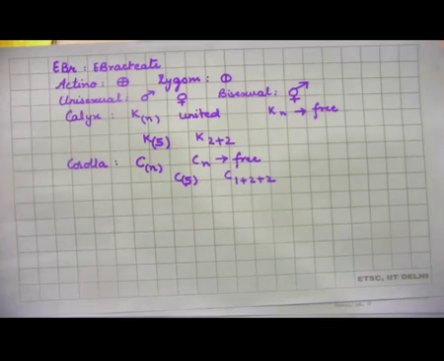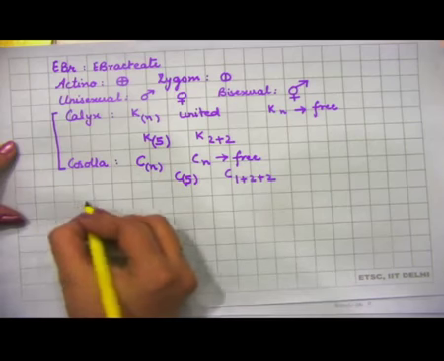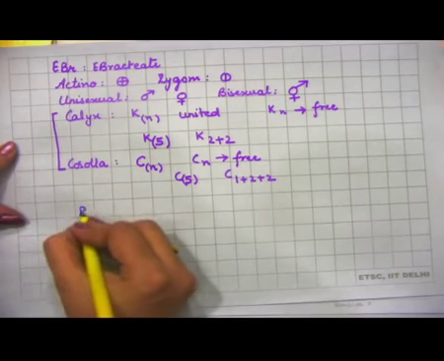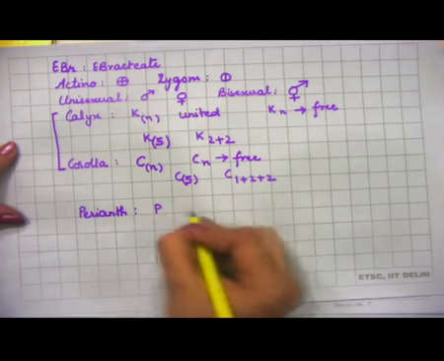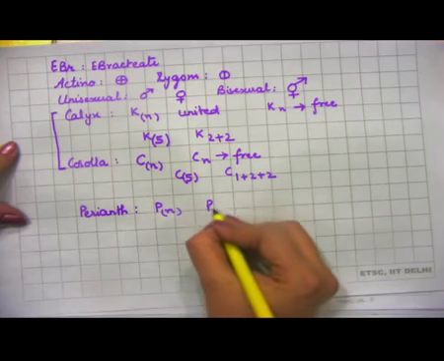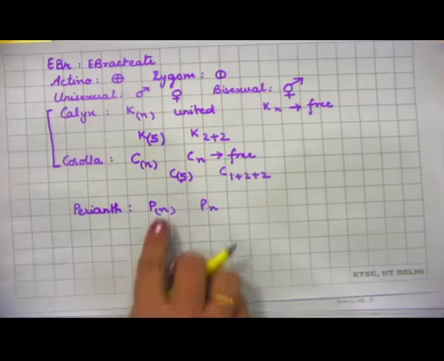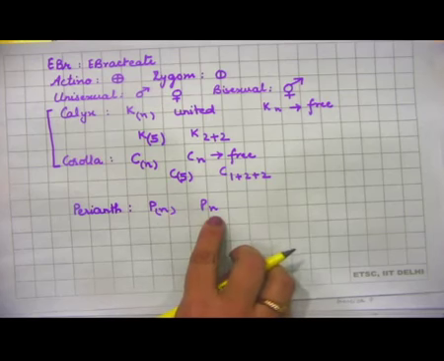The next thing is perianth. If the calyx and corolla are not there, then there will be perianth, and perianth will be shown by a capital P, again followed by the number and the bracket if required. So, this shows fused tepals and this shows free tepals.